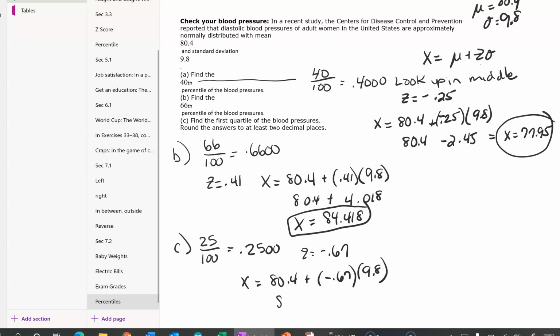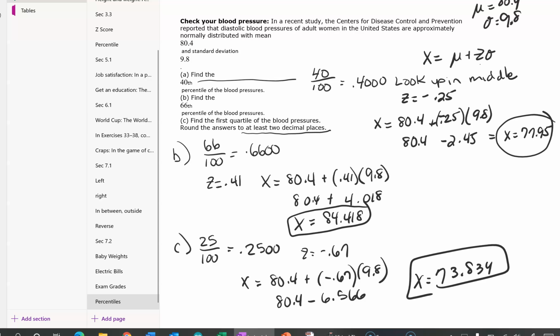Negative 0.67 times 9.8 is a negative 6.566. And then I want to subtract that from 80.4. And my answer comes out to 73.834. And of course you have to round. This one's at least 2 decimal places, so this is fine.